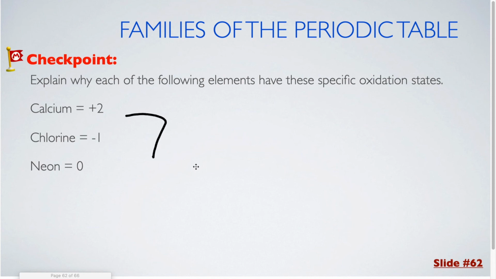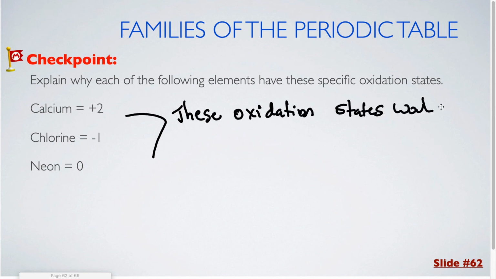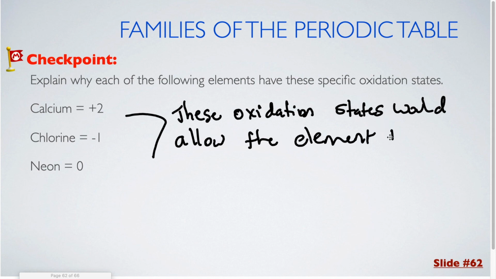So if I wanted to answer in general why each of these would have the oxidation states that are listed here, we could say that these oxidation states would allow the element to reach a noble gas configuration.